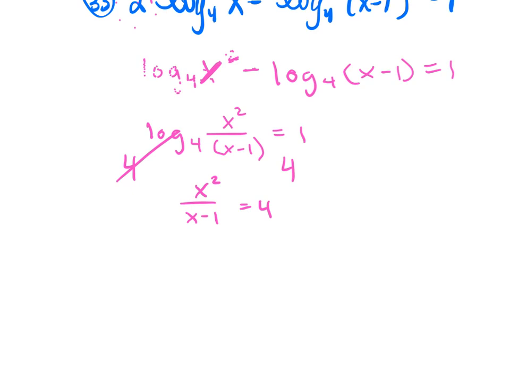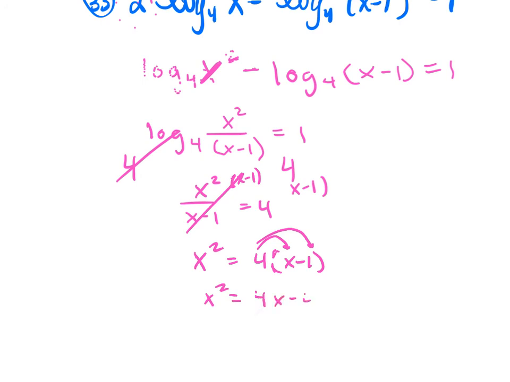So we multiply the x minus 1 on both sides. So it'll cancel out on the left. So we have x squared is equal to 4 times x minus 1. Distribute the 4. X squared is equal to 4x minus 4.